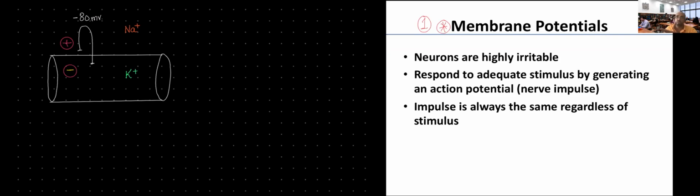So inside and outside, you have both negatively and positively charged ions. But inside, I have more negatively charged ions. That's why the inside of the cell membrane is going to be more negatively charged than the outside, which is more positively charged.